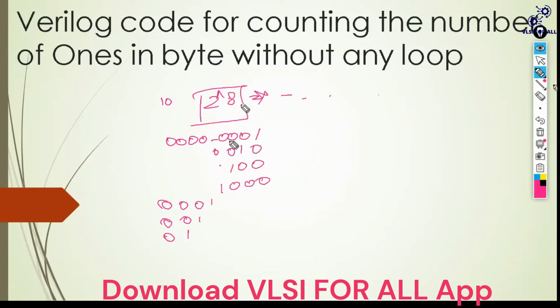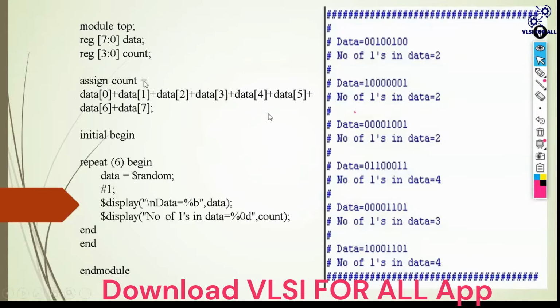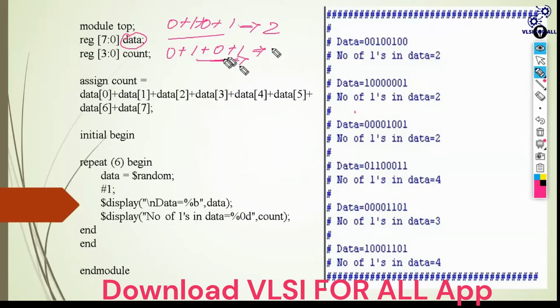So the simplest, best way is to add all the bits. That's it. Here 0 plus 1 plus 0 plus 1 will give 2.